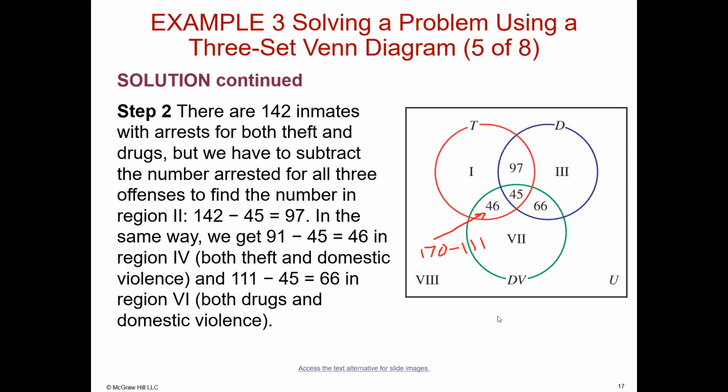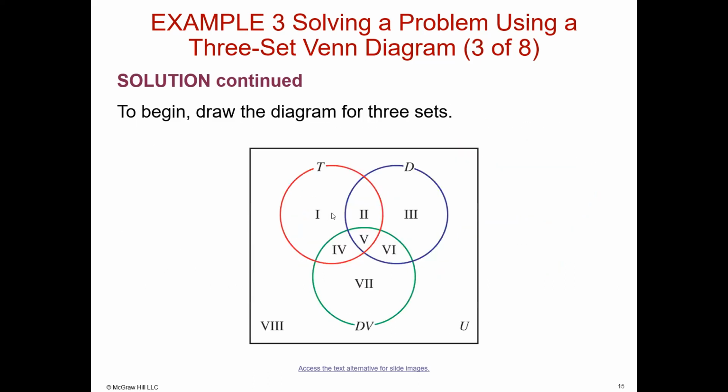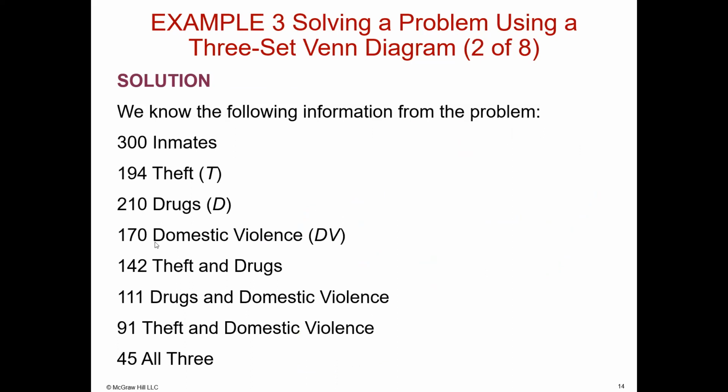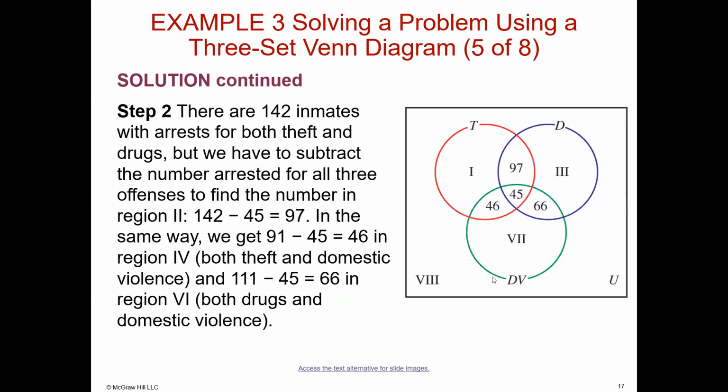Let's go back. The 46 comes from 91 minus 45, the theft and domestic violence together. Let's go back and look at the 170 again. 170 had domestic violence. So where did the 46 come from?